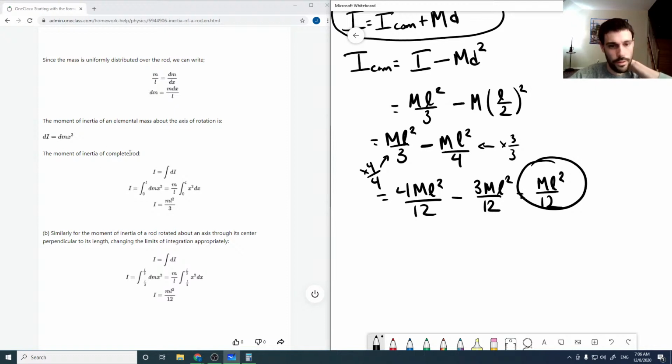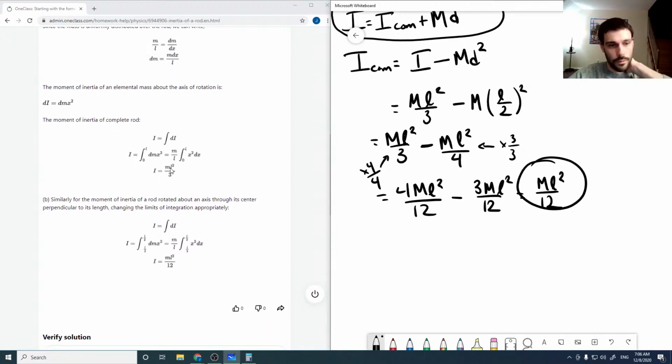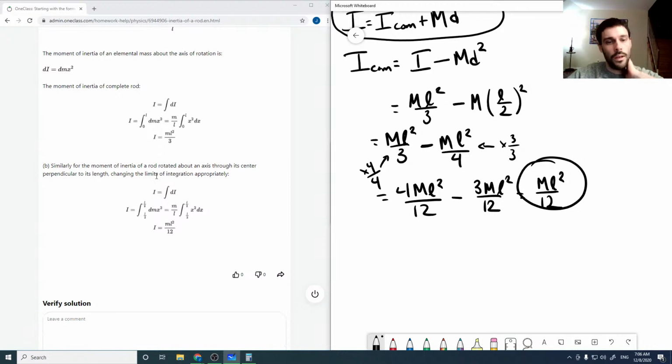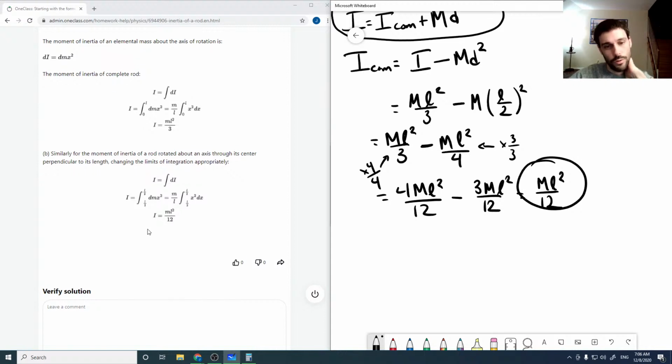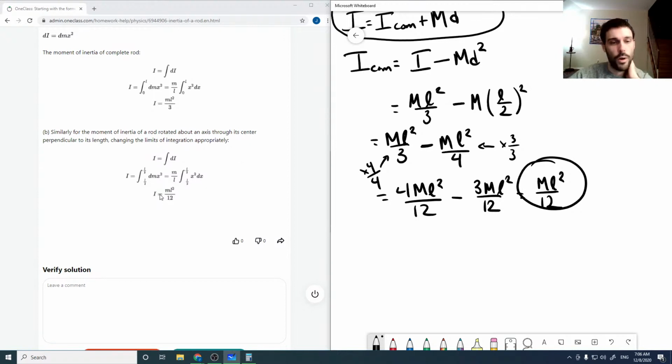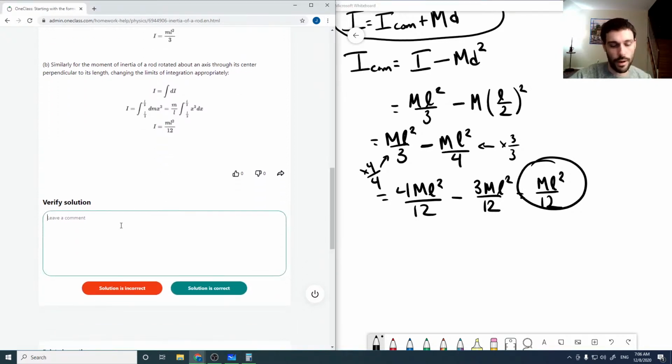With their definition, they get the moment of inertia for the rod from one end is ml squared over 3, which was given in the question. And then for an axis which passes through its center, they integrate from minus L over 2 to L over 2, which gives us our ml squared over 12. So the solution is correct. But it's solvable with the equation I gave here.